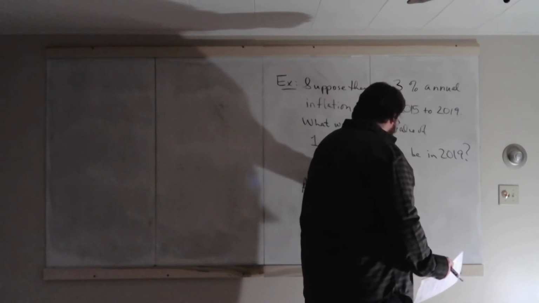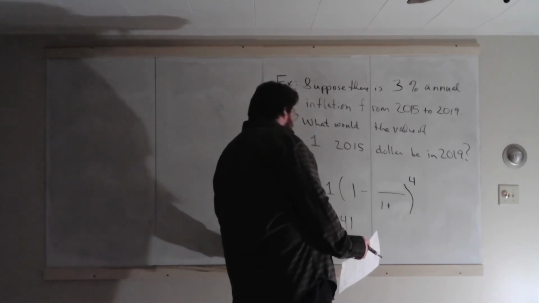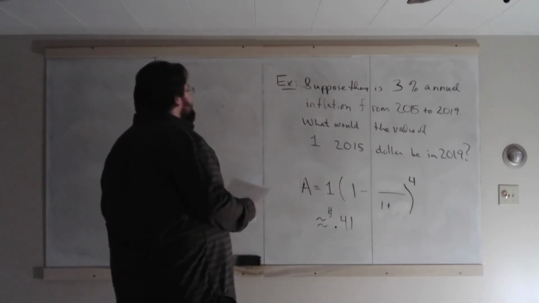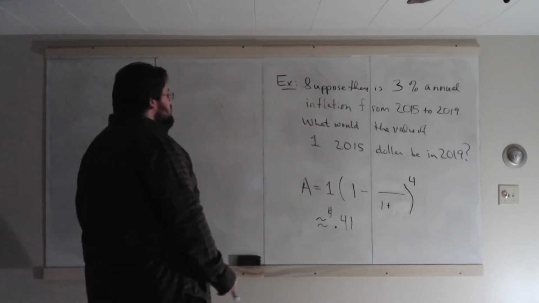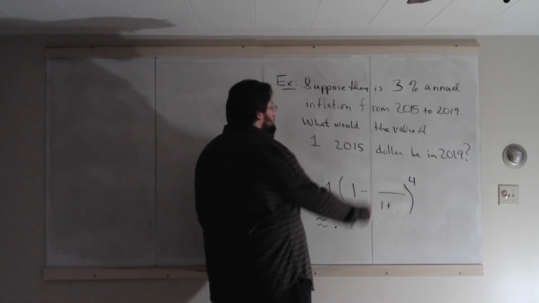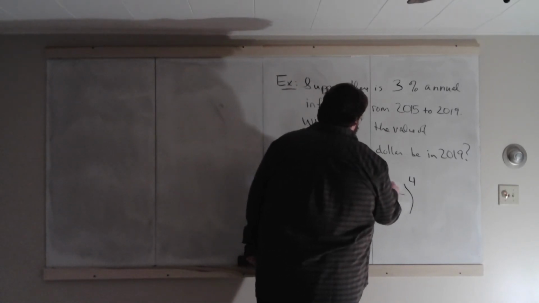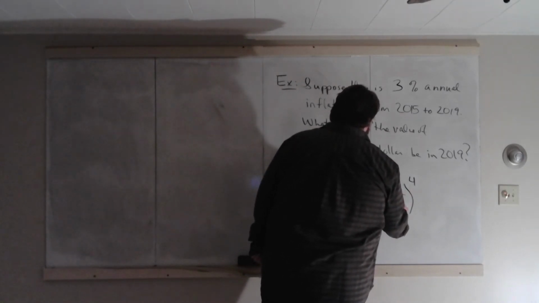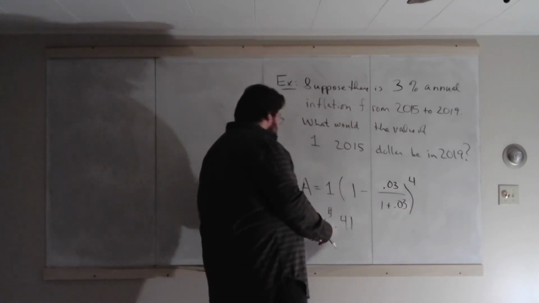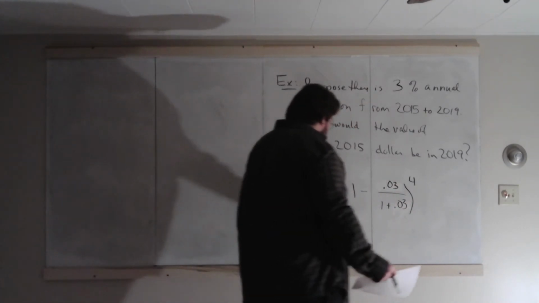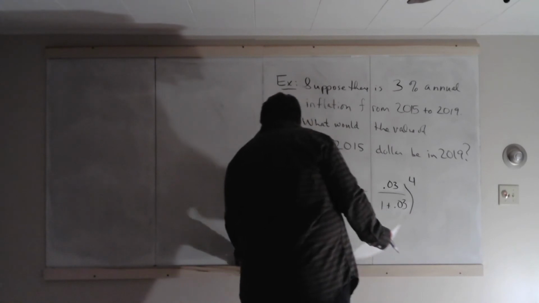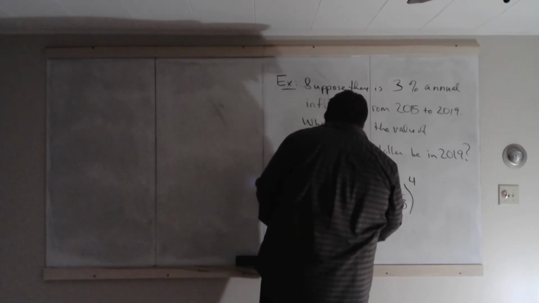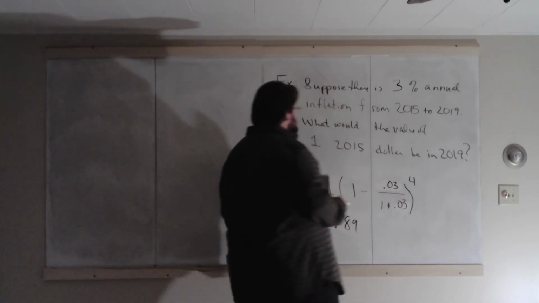I actually don't know what our inflation rate is in the past few years. But suppose there's 3% annual inflation, what would the value be? Well, here, A would be 0.03, and it would be a slightly different devaluing of the dollar. The dollar would then be worth 89 cents after 4 years.